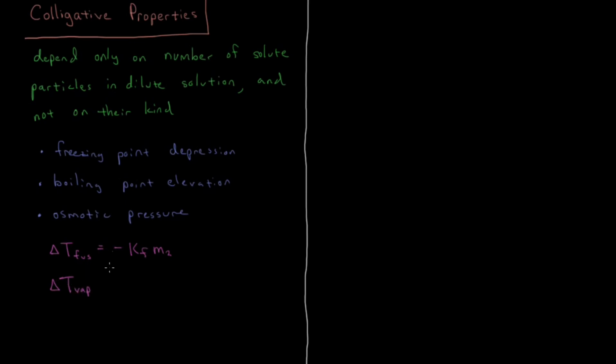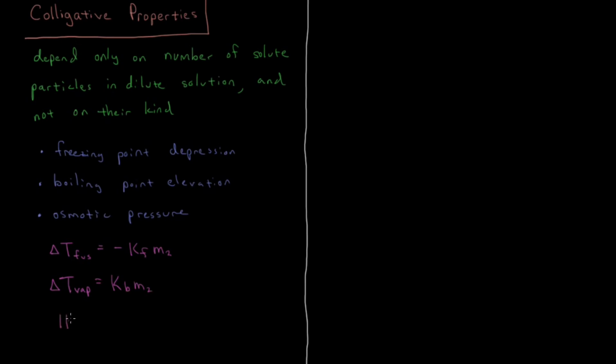For the boiling point elevation, that's going to go up by some value, and again, that's going to be a nice linear relationship. The boiling point is going to elevate by the boiling point elevation constant, Kb, times the molality.